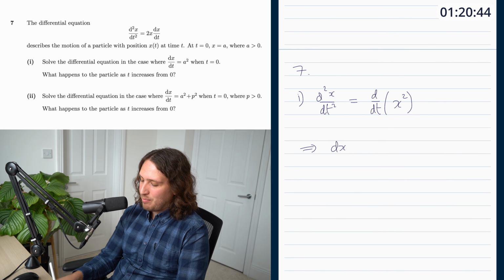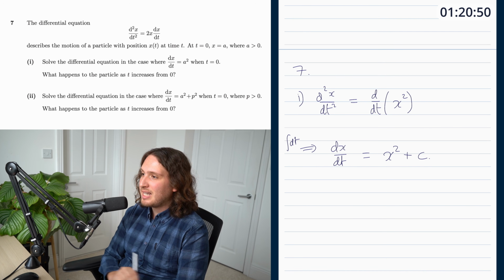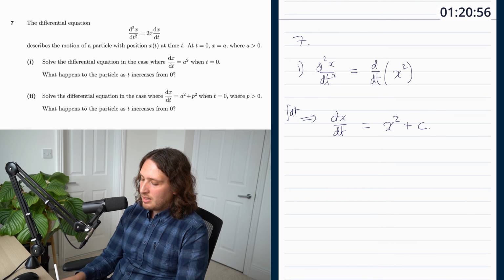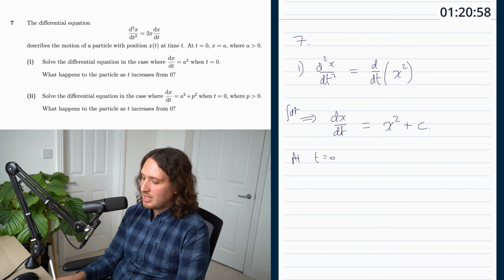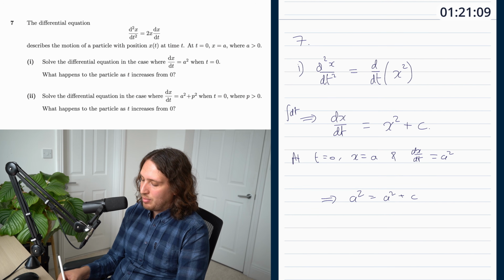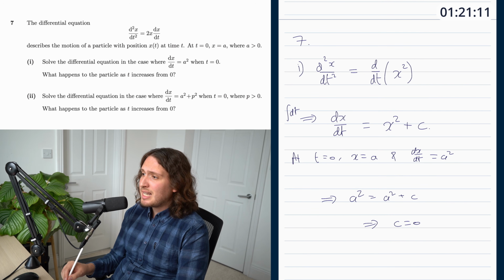Now I can integrate both sides with respect to t. dx by dt is x squared plus c. Now, I'm looking at the case where dx by dt is a squared when t is 0. So at t equals 0, I know that x is a, and dx by dt is a squared. So I get a squared equals a squared plus c. That means that c is 0.